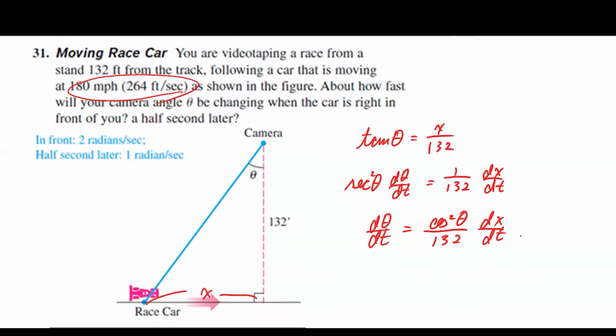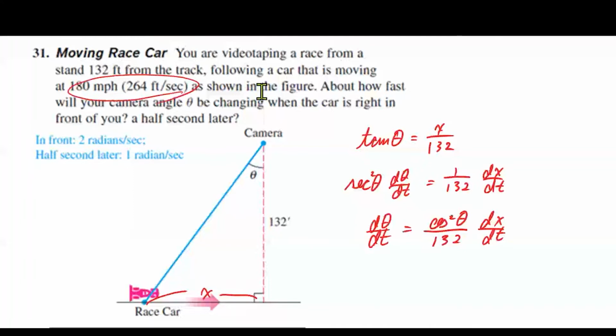Okay, in order to figure out the cosine, we have to calculate this length, right? And when x is equal to, what is x equal to? Oh, in front. So when x is equal to 0, this problem is truly insulting.